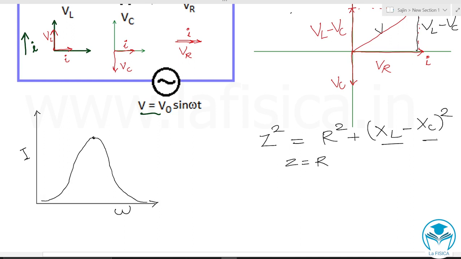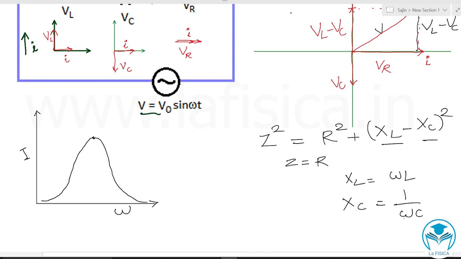If XL is different from XC, if XC is very high, then this term will grow and the impedance will grow. If XL is high, the impedance will grow. We already know that XL is equal to omega L and XC is equal to 1 by omega C. That is, if omega is high, XL will be high, then the total impedance will be high.